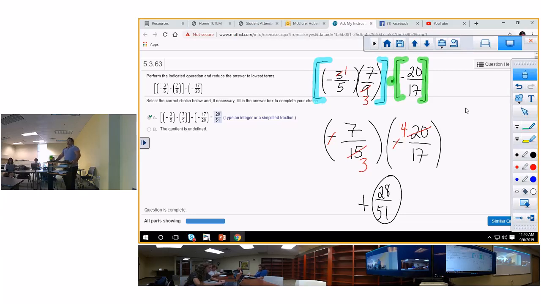I multiply 15 times 17 and it was 255. So that would be 140 over 255, and then what would you have to do? You'd have to reduce it. And then you still get the same answer. So could you have done this 2 or 3 different ways? Yes. Would you get the same answer? Yes.